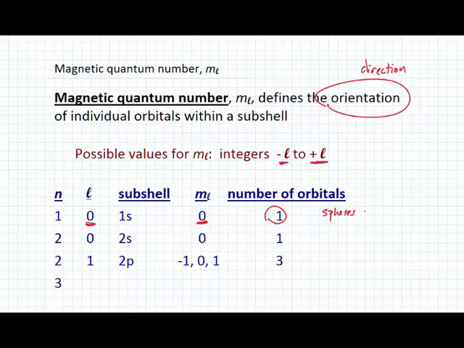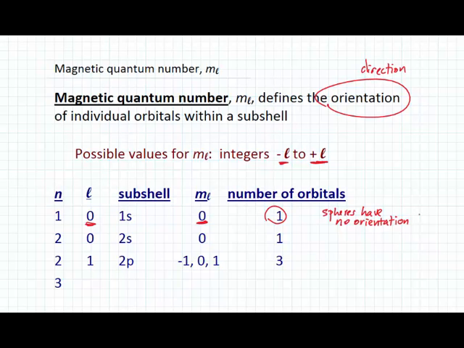That's really because spheres have no orientation. If something is a perfect sphere, rotating it doesn't change that sphere. So magnetic quantum number, really we're talking about orientation. So there's only one sphere, 1s, that's it. And there are no copies of it with different orientation because it's a sphere.